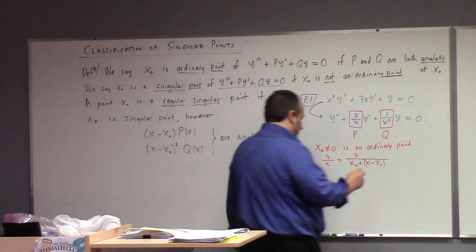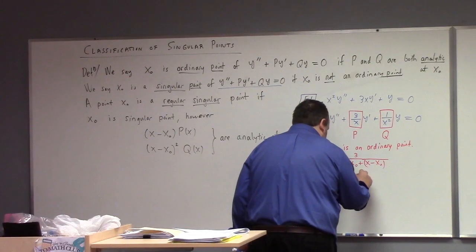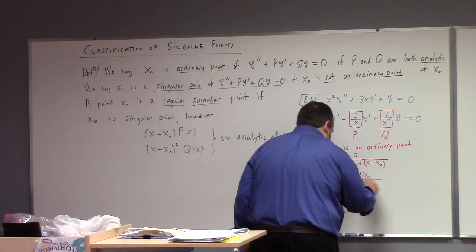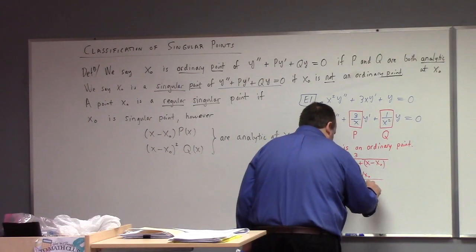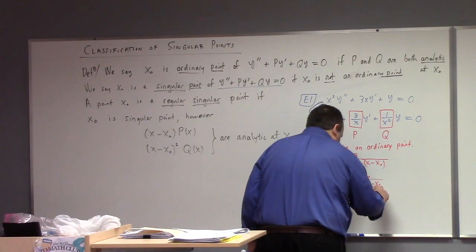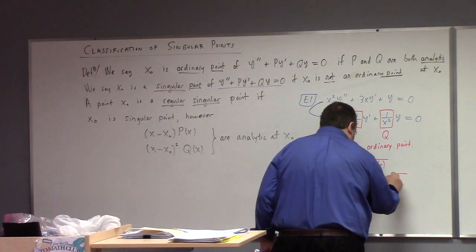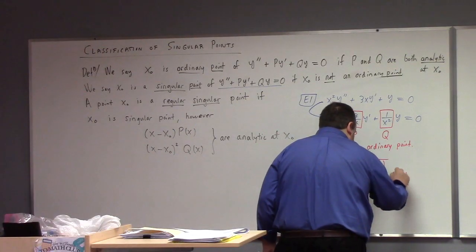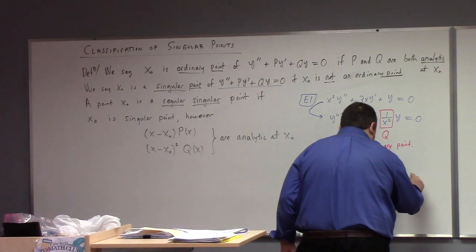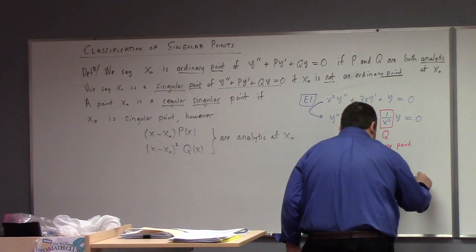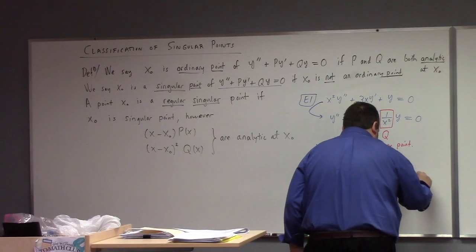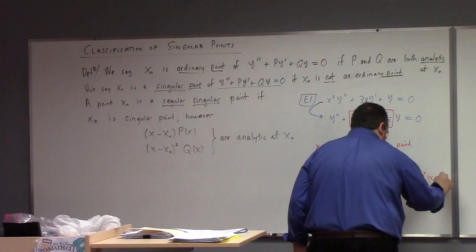And then if I factor out an x naught, 3 divided by x naught divided by 1 plus parentheses x minus x naught over x naught. Well, that's equal to the sum n equals 0 to infinity of 3 over x naught times minus 1 to the n divided by x naught to the power n times x minus x naught to the power n. What did I use there?